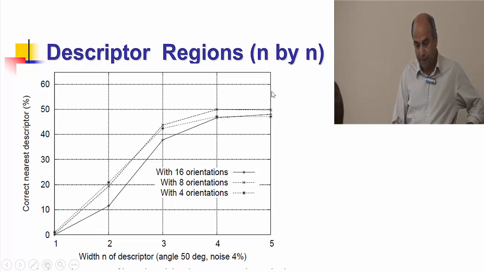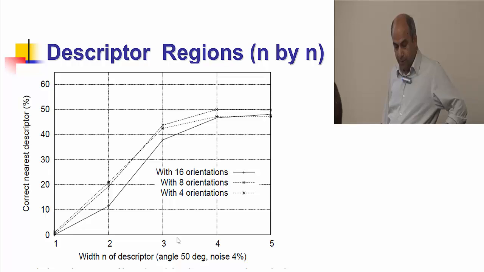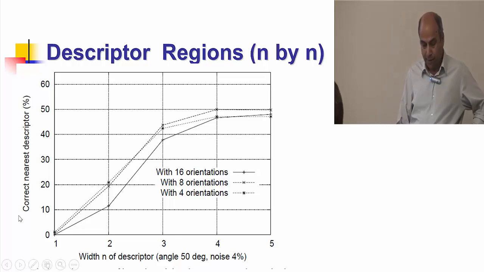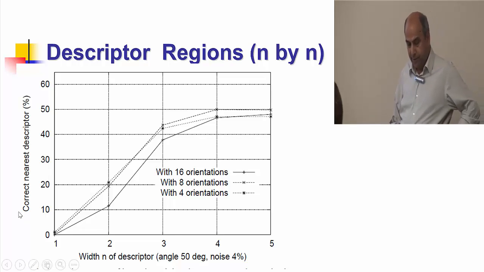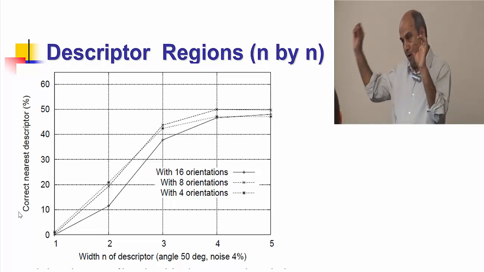These are the different curves for the different bins, and this axis shows the width of the sub-region. This shows you the correct nearest descriptor that you get: the original one, you get all this, and you go to the transformed version.